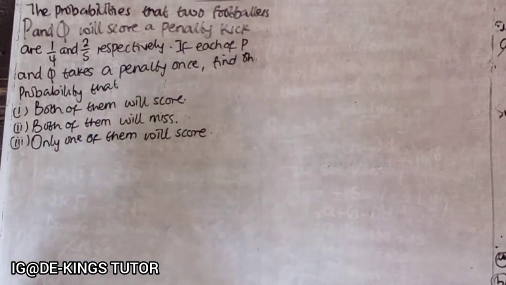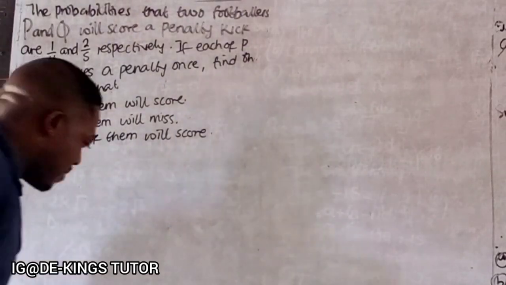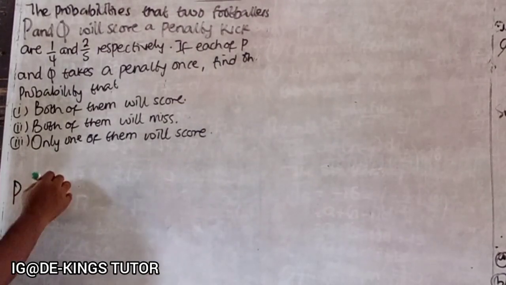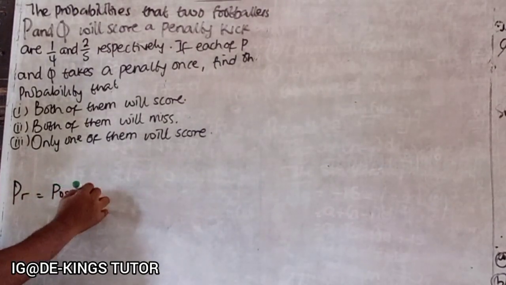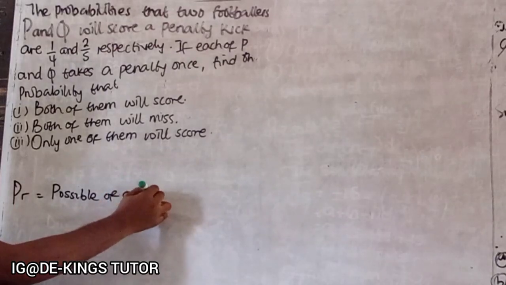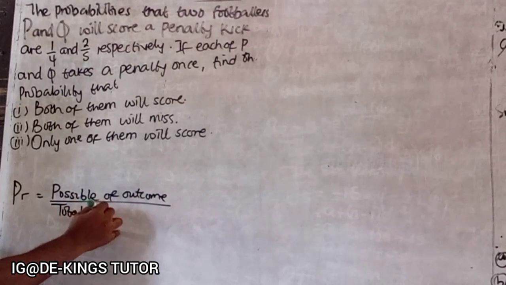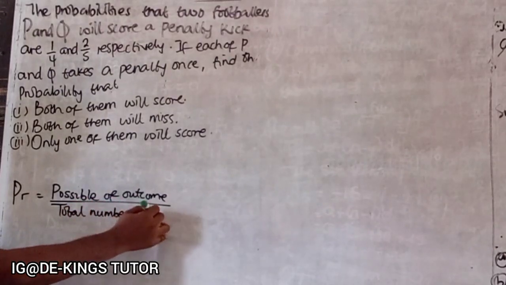Now, when it comes to probability, it is one of the topics that you will also see. Probability and statistics are always most. So, probability has a formula of the number of possible outcomes divided by the total number of outcomes.